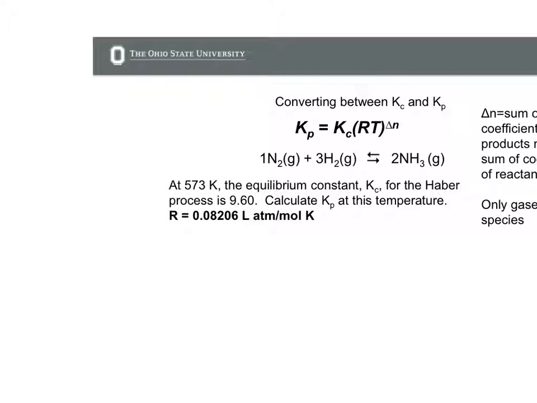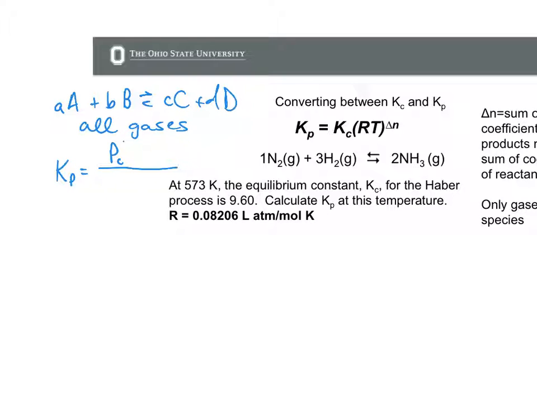So for instance, if we had a general reaction, A plus B in equilibrium with C plus D, and these are all gases, we can write our equilibrium constant expression in terms of K sub C or K sub P, where K sub P is going to be equal to the partial pressures raised to their stoichiometric coefficients, like so.